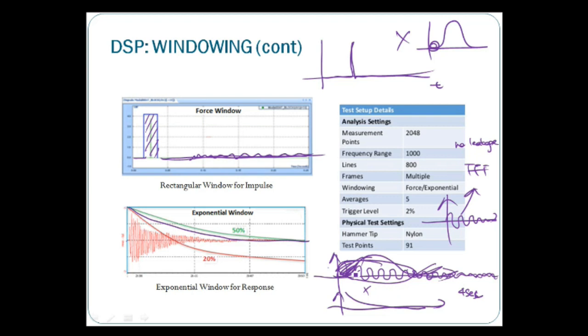So what can we do? If I don't want to use an exponential window and I don't want leakage, what we can do is use a larger block size, right?